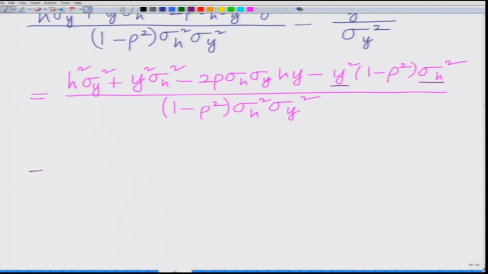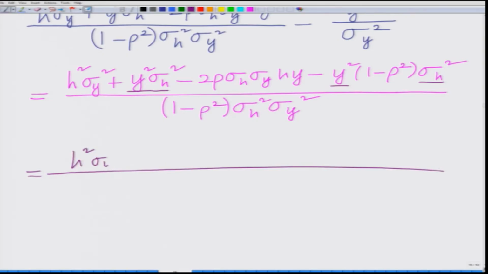So, those two terms cancel, and what I am going to be left with, interestingly, is h square sigma y square, something very simple. This y square sigma h square cancels.